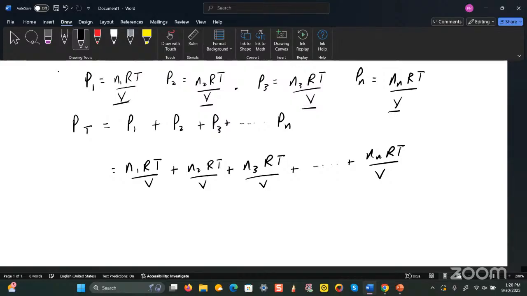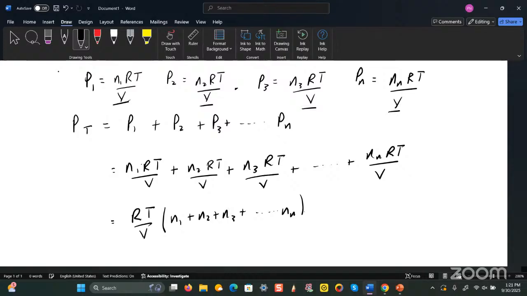All right? Now, if you look at this carefully, you can see that we can factor out RT over V. Let's do that. When we factor out RT over V, then what you'll be left with is N1 plus N2 plus N3 all the way to Nn, right?